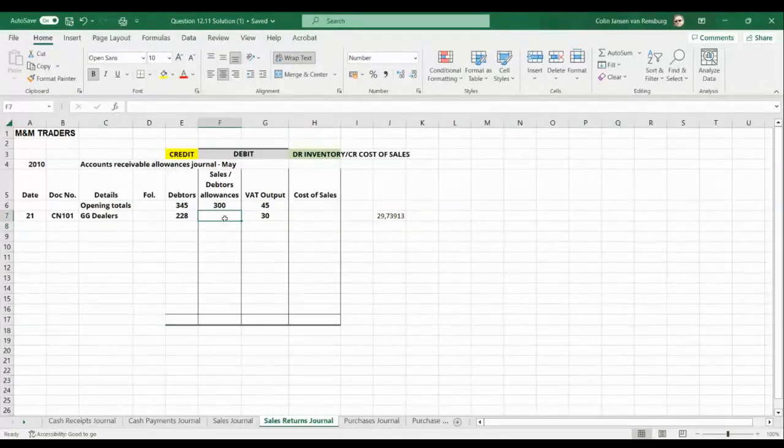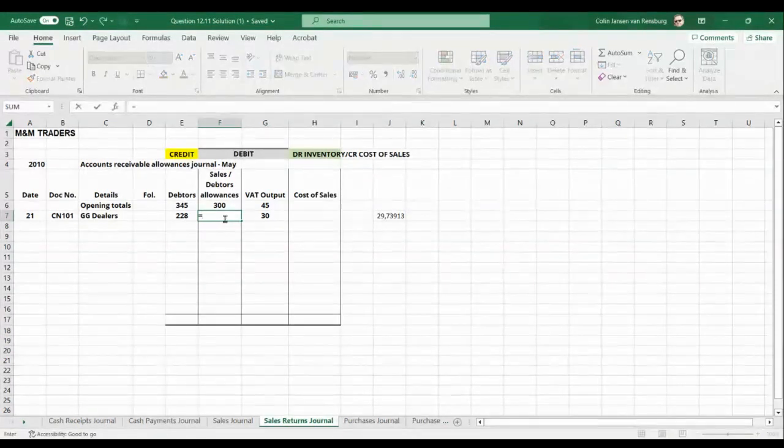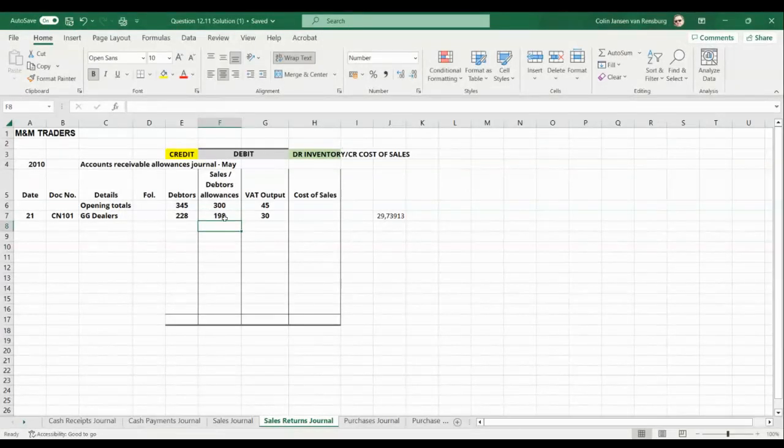And what is the amount of the sale that we are cancelling, or that was overcharged? Let's just calculate that. That's 228 minus 30 rands. 198. Thank you, Connie, for helping me out there. 198.